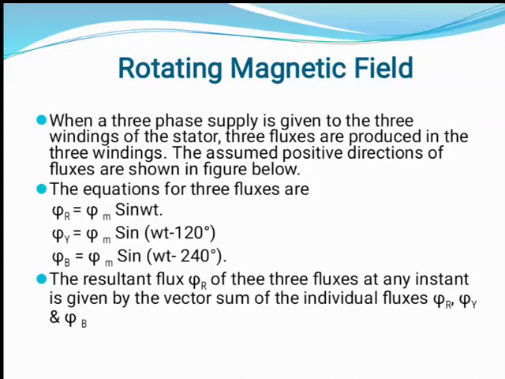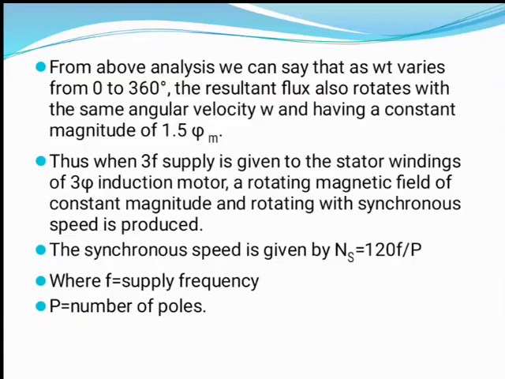As these three stator windings are separated by 120 degrees, the flux produced by them is also 120 degrees apart from each other. So from the above analysis, we can say that as ωt varies from 0 to 360 degrees, the resultant flux also rotates with the same angular velocity ω, having a constant magnitude of 1.5 φm.